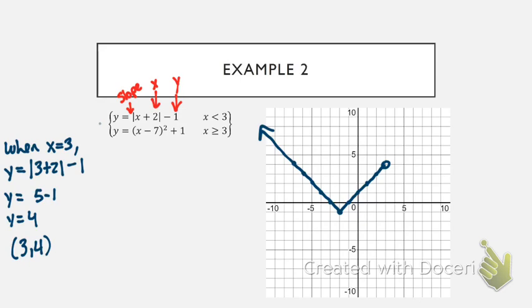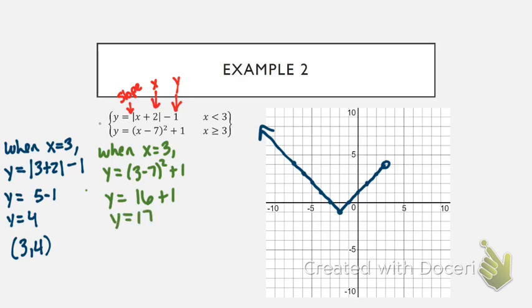So the second part of the graph is the quadratic. And we're going to see what it equals at 3. And it appears actually it's going to be off the graph, which is unfortunate for my example choice, but we're already 6 minutes in. So when x equals 3, I plug in 3, and I get 16 plus 1, or a y value of 17.